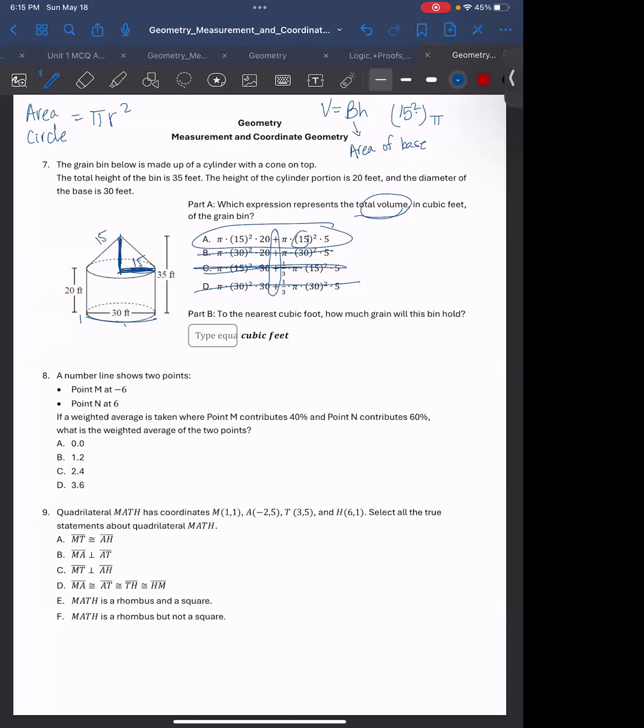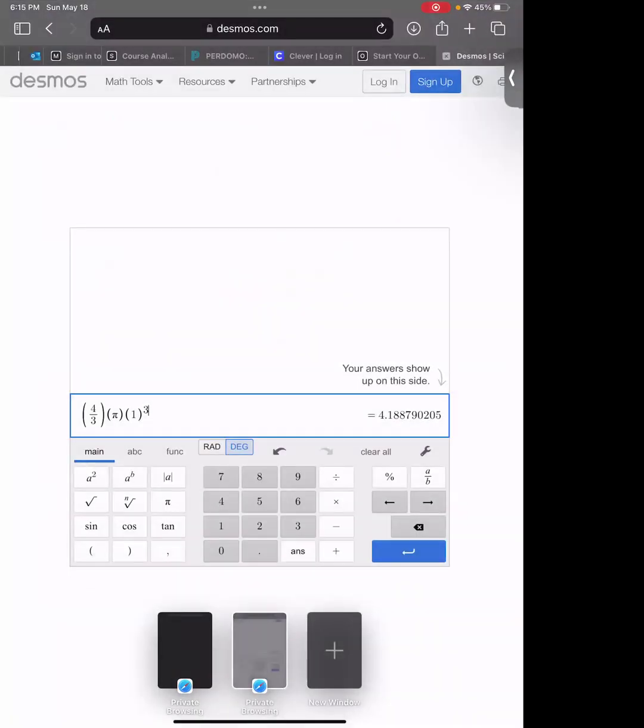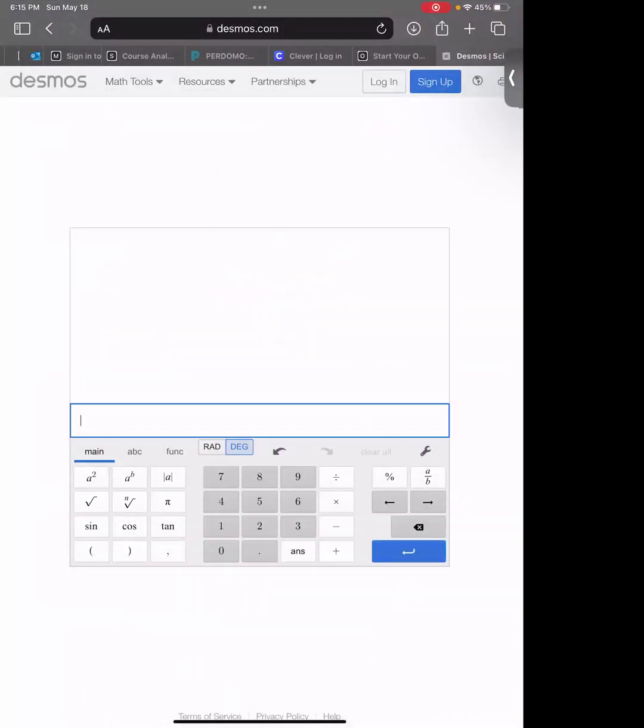So now part B is literally put part A in your calculator. That's all you have to do. I'm going to go over to Desmos now that I have it open, and I'm going to type it in exactly as they have it.